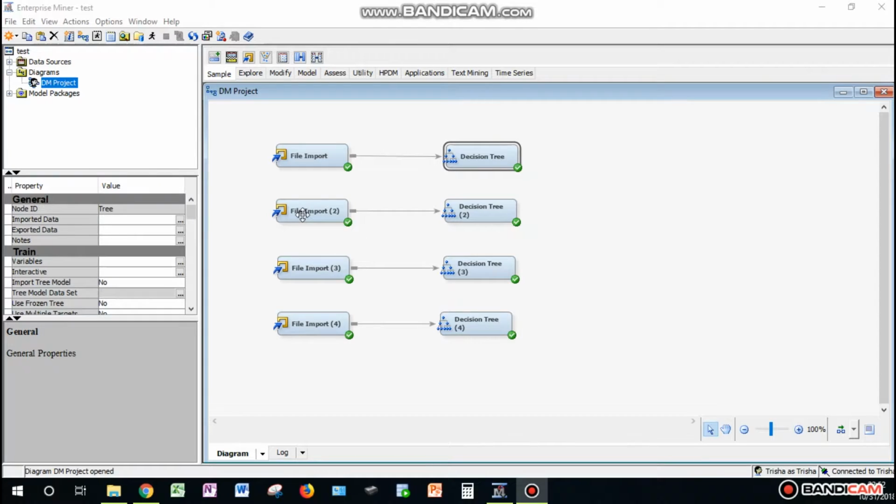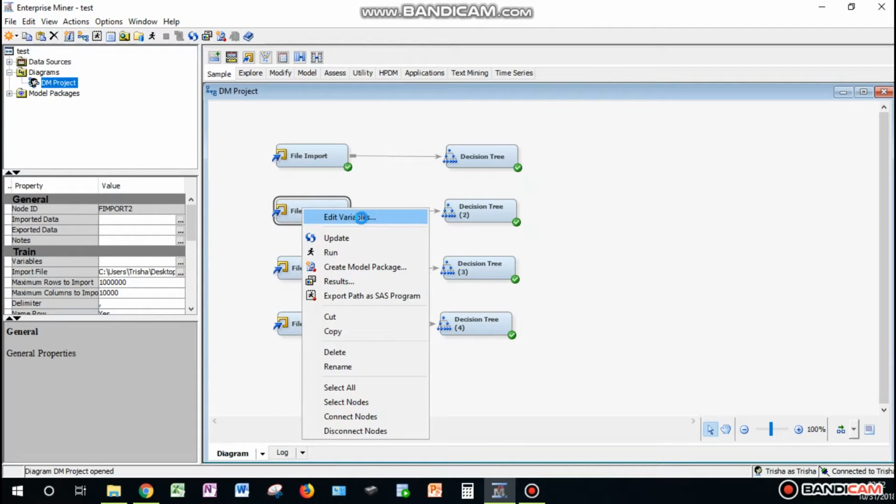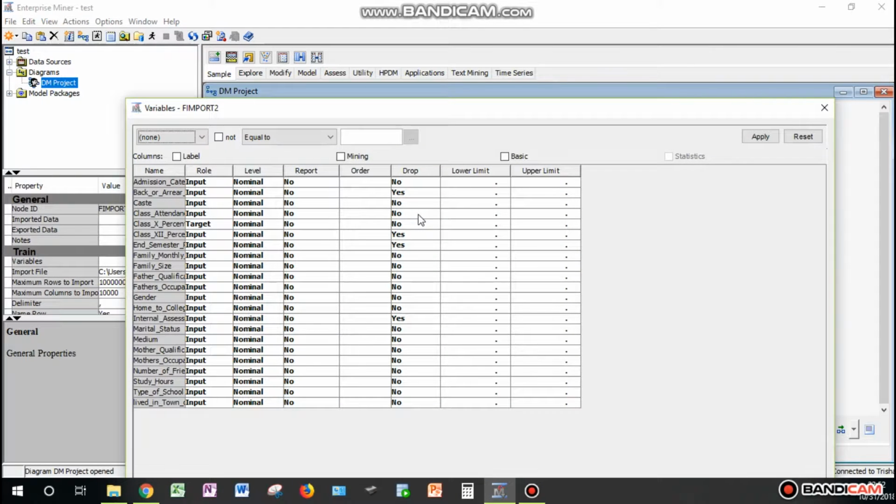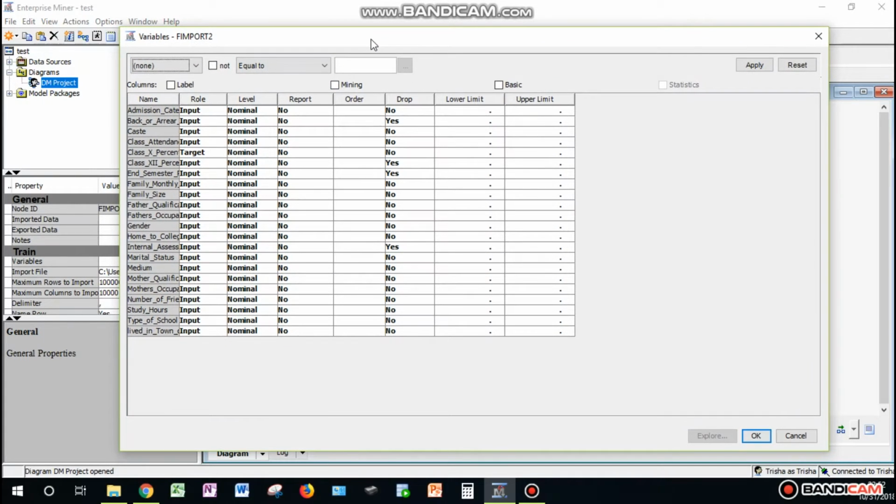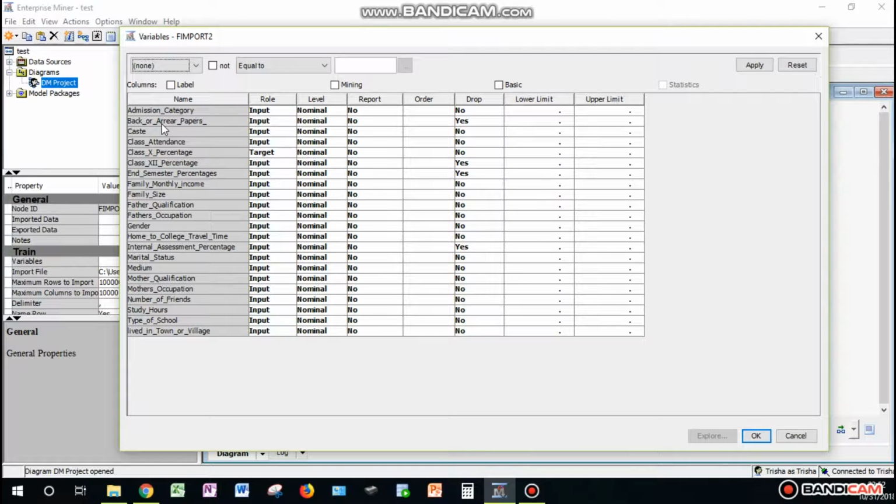So based on the very good or the best on the Class X percentage exam, we wanted to see what was causing a student to do very good or best on that, since the other decision tree didn't go into that. So in the second model, we removed anything related to a student performing in college, and we only wanted to keep things that would mold a student in high school.